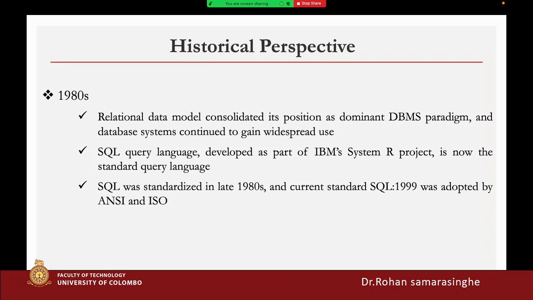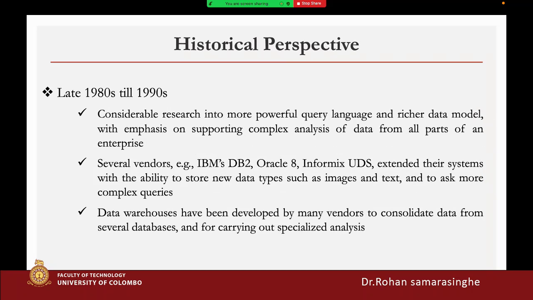So the American National Standards Institute and also ISO, those two organizations adopted this and standardized it since the 1980s.